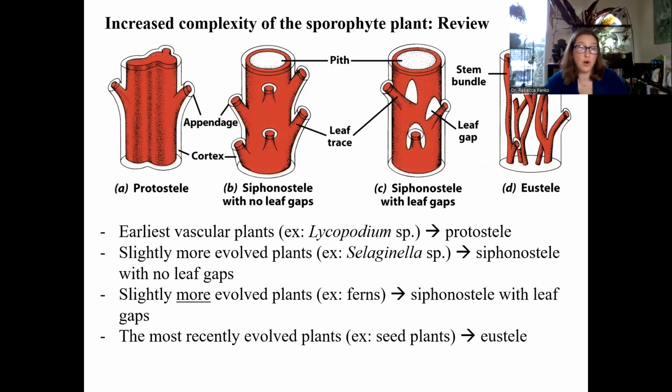Once we get to the later evolved plants, such as ferns, we'll see siphonostele with leaf gaps. And when we get to the seed plants, including the flowering plants, which is, again, 94% of all plants, we'll have this eustele arrangement of xylem and phloem.